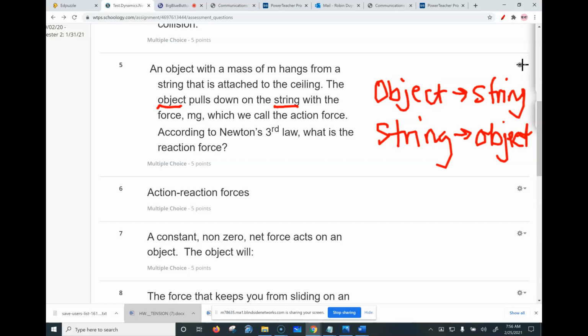You could look at the string and the ceiling, but that would be a different action-reaction pair. You could say the string puts a force on the ceiling, and the ceiling puts an equal and opposite force on the string. But that's not what they're looking at. They say the object pulls down on the string, so then the string pulls up on the object. Those would be third law pairs.